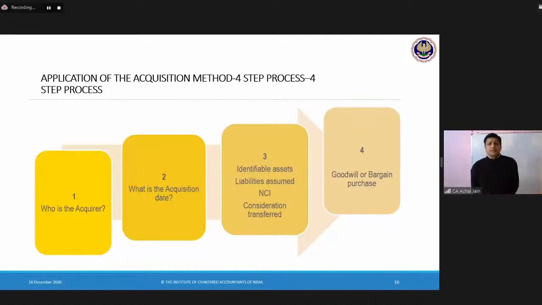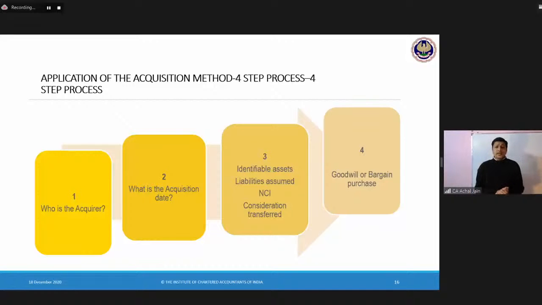Who is the acquirer? What is the date of acquisition? What all assets and liabilities are getting acquired along with the business? And finally, the computation of goodwill or capital reserve. Finally, we can also say it's about the accounting under the business combination.